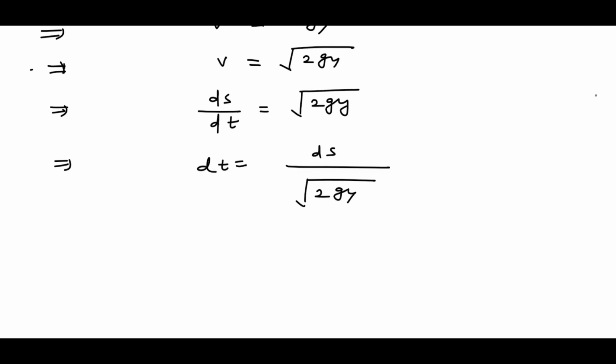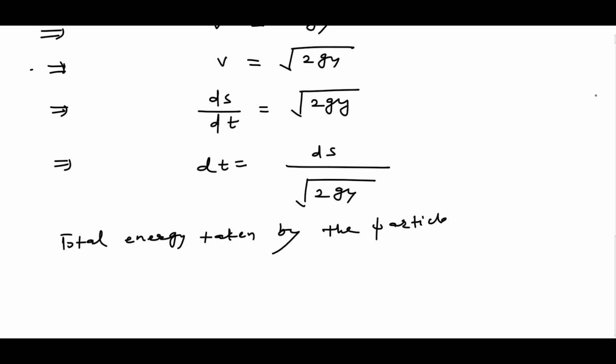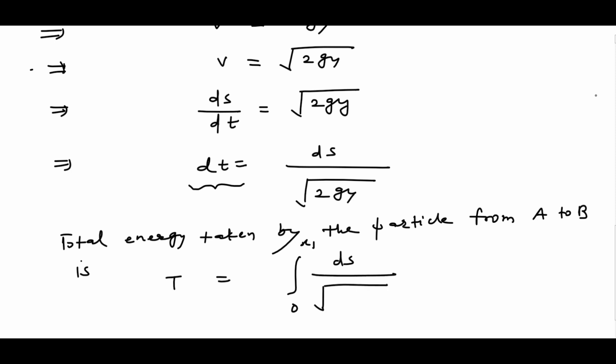So we can find the total time taken by the particle from point A to point B. By taking the integration on both sides, the total time will be T, capital T, and this integration varies from 0 to x1, of ds over square root of 2 g y.